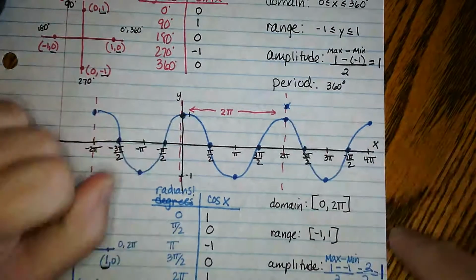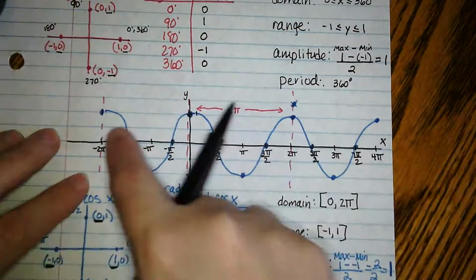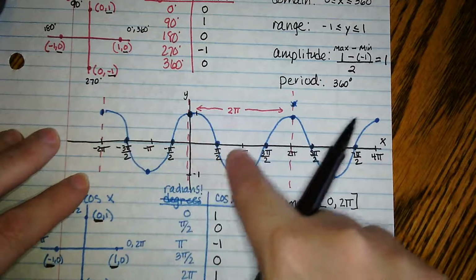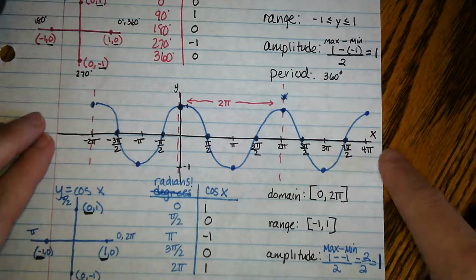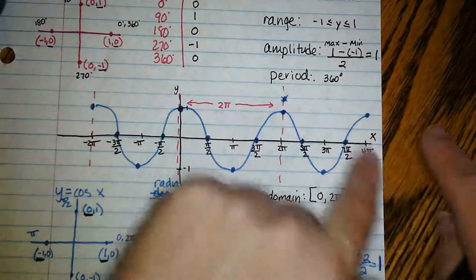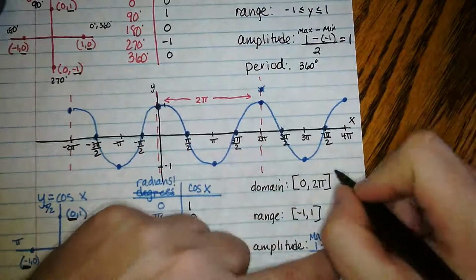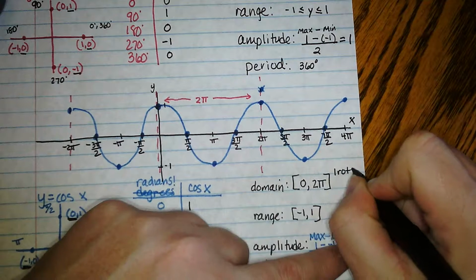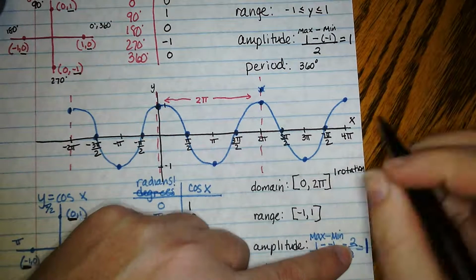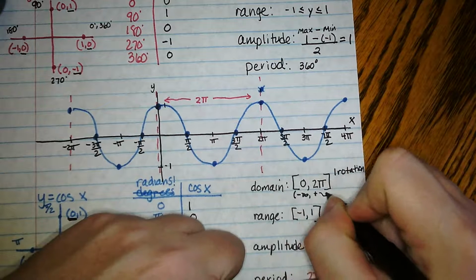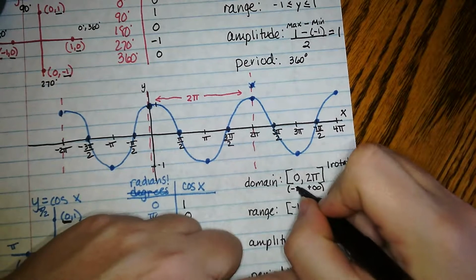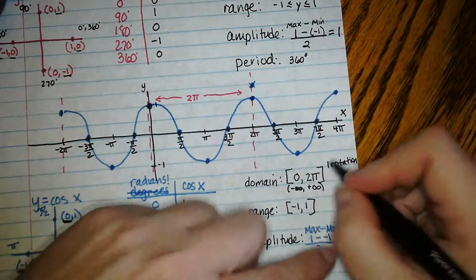But this is periodic, which means that technically your domain is negative infinity to infinity, because this can go on and on forever. So this is for one rotation. But negative infinity to positive infinity for the whole function.